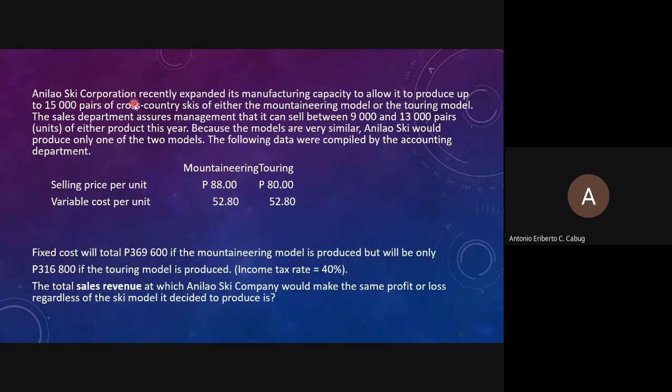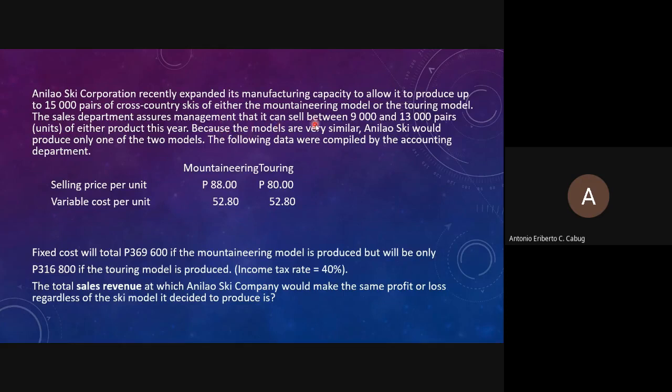Anilowski Corporation recently expanded its manufacturing capacity to allow it to produce up to 15,000 pairs of cross-country skis of either the mountaineering model or the touring model. The sales department assures management that it can sell between 9,000 and 13,000 pairs or units of either product this year.